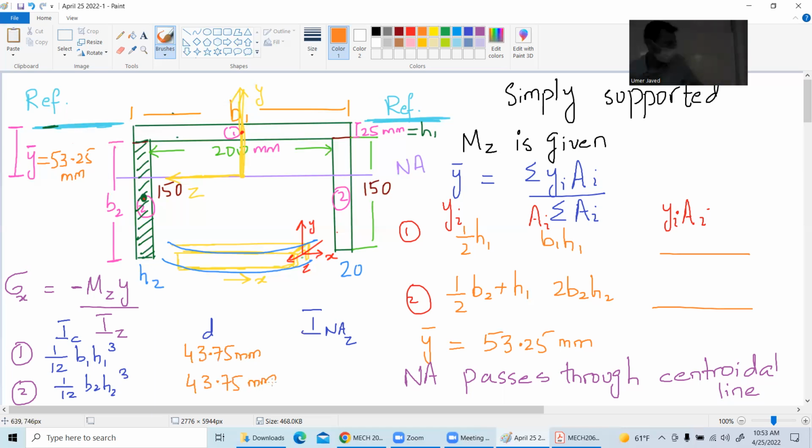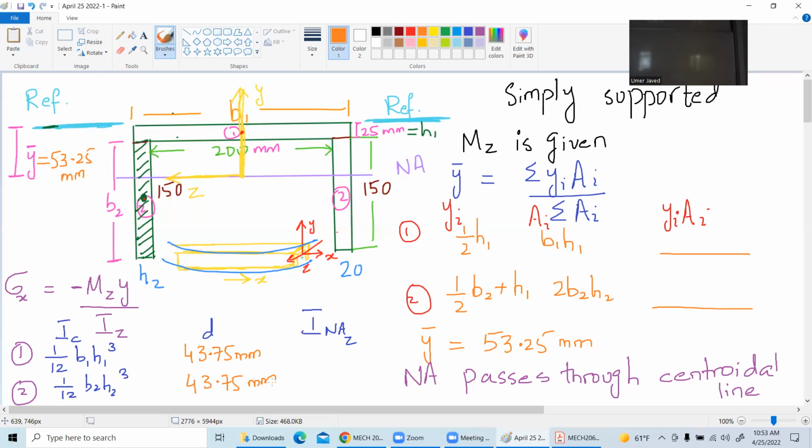This seems very confusing. Look. You're trying to find the moment of inertia of the individual rectangles, like individual components. And at the end of the day, you have to use the parallel axis theorem, right? 1/12 bh cube plus A d square. That d is that fellow.